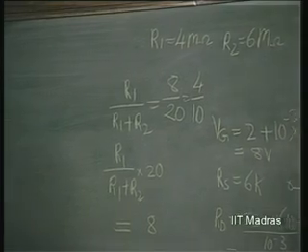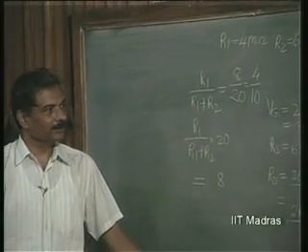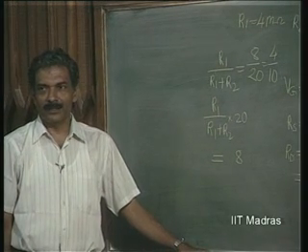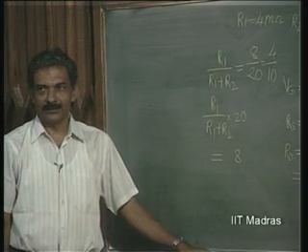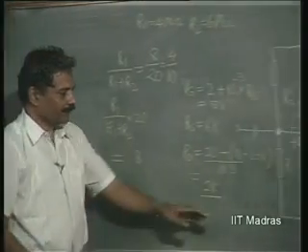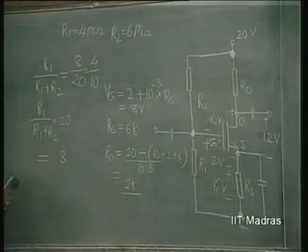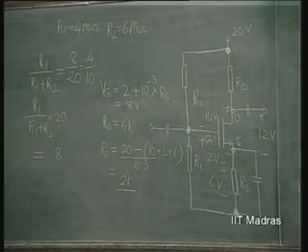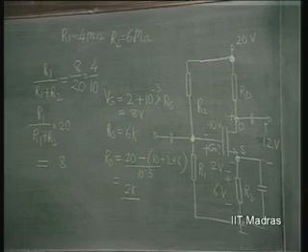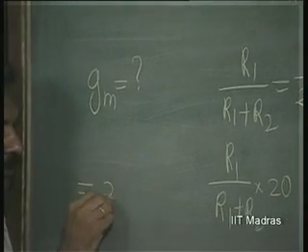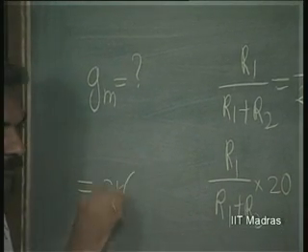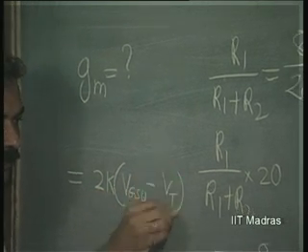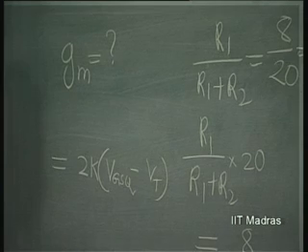So the design is complete, except that now I have to find out the gain. So how do we fix the gm? It is nothing but 2K into (VGSQ minus VT), right.